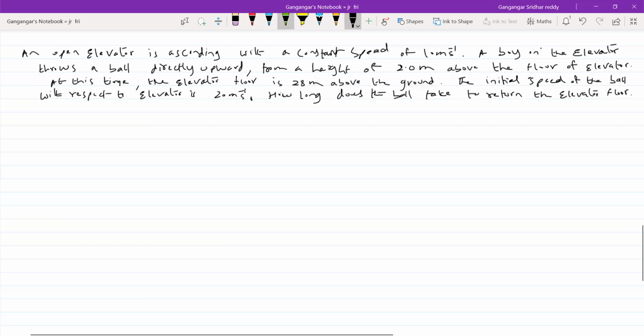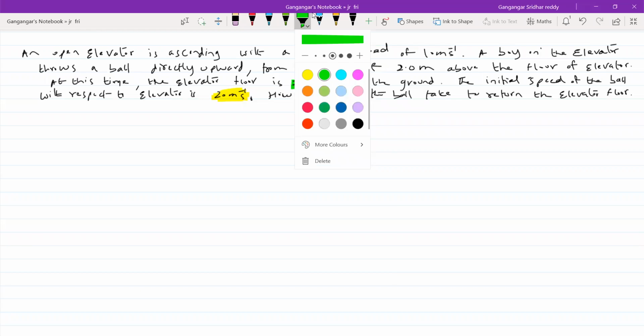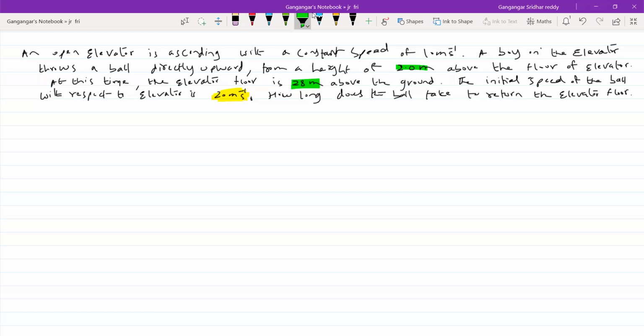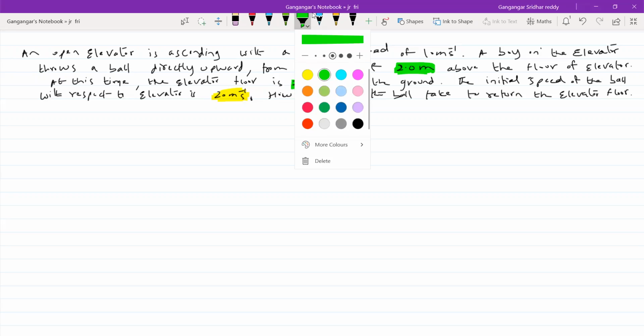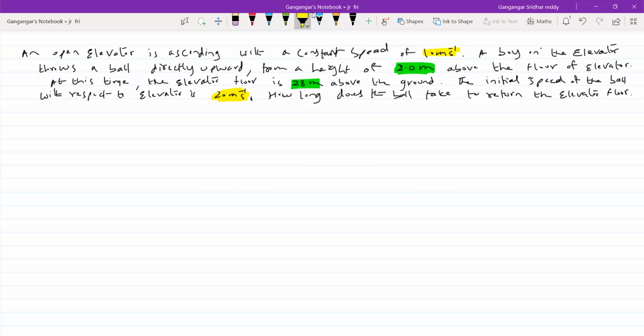So underline some data. This is very important. Some information is given. You can solve without relative motion also, but it will be lengthy.